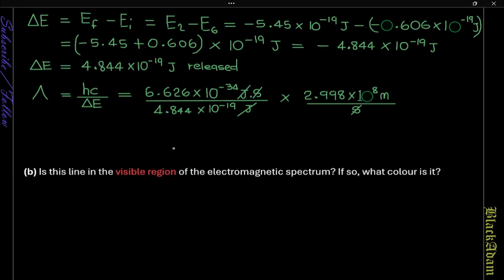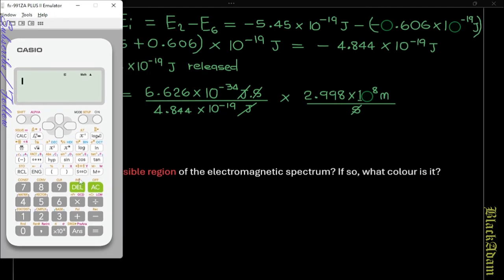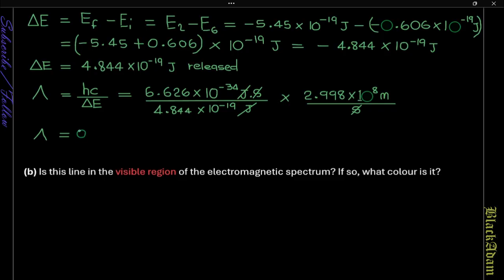So using a calculator, let us just check what we have. Lambda, representing the wavelength, is 6.626 multiplied by 10 to the power negative 34 multiplied by 2.998 by 10 to the power 8, divided by 4.844 multiplied by 10 to the power negative 19, which gives us 0.000000410 meters.